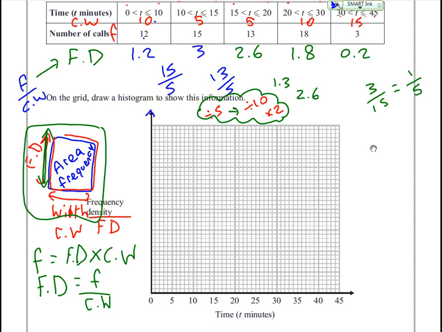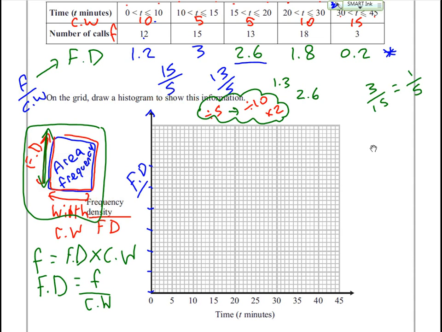All of these values are going to have to be plotted up this frequency density axis. So we need to put the scale on ourselves. The highest we need to go to is 2.6. Let's think, if we went 0.5, 1, 1.5, 2, 2.5, up to 3, that would work. Is there any nicer way to do it?